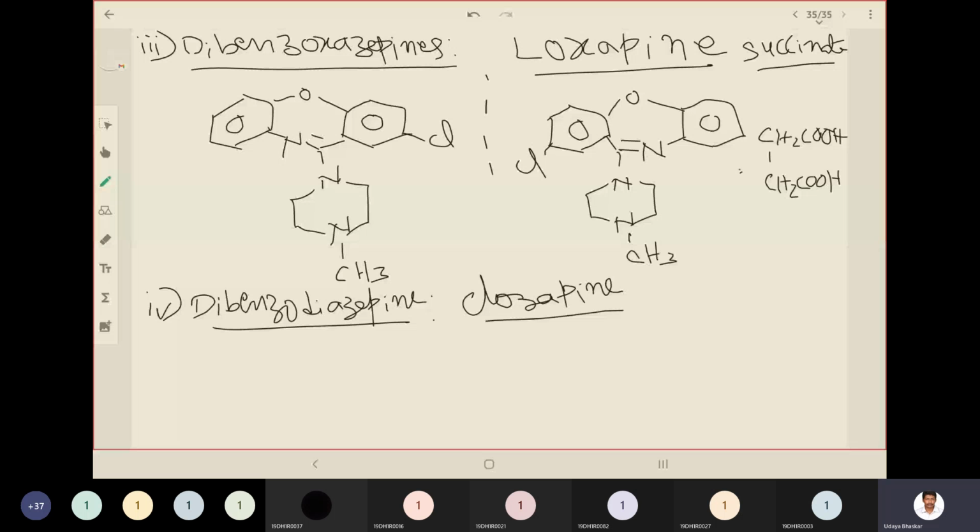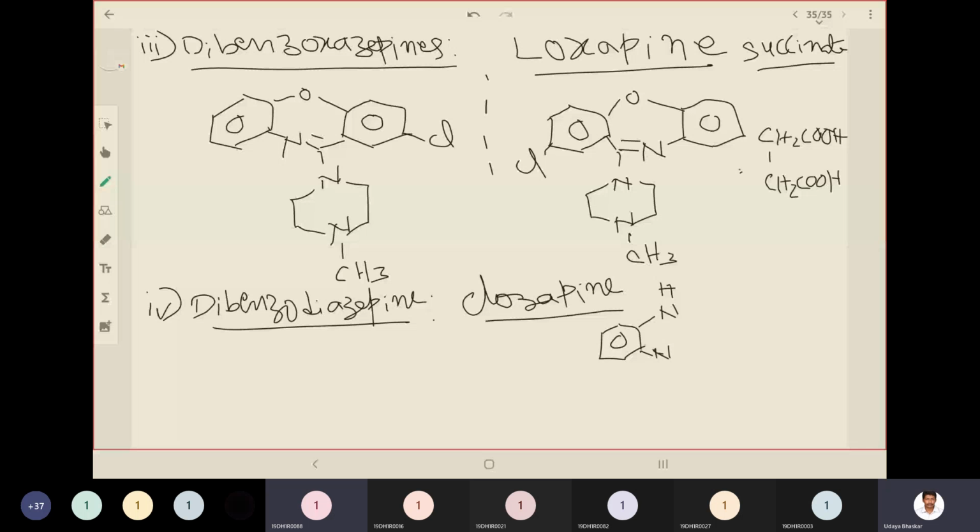That means instead of oxygen, you will have nitrogen. I'll draw the ring. NH, N. Okay. Full bond here.